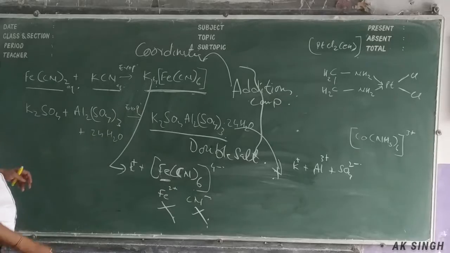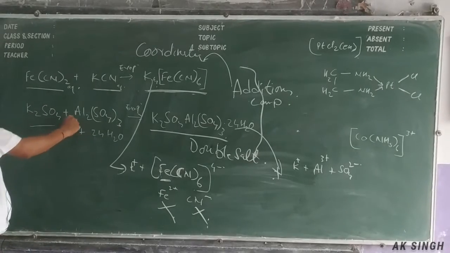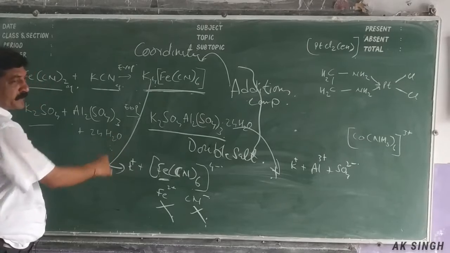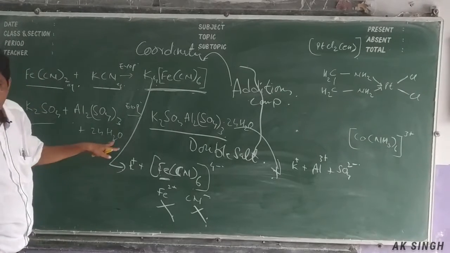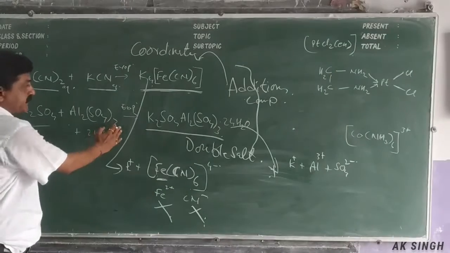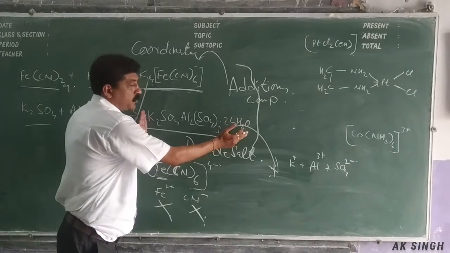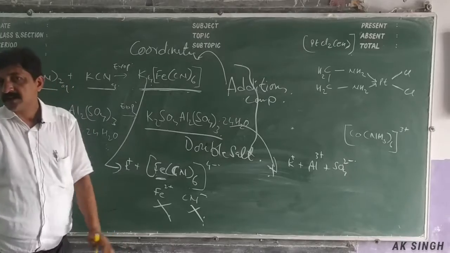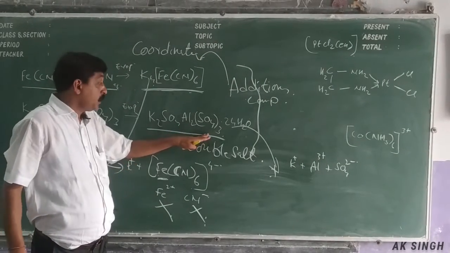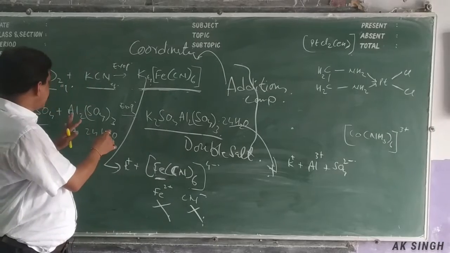Another example, let us take potassium sulfate and aluminium sulfate, heated in the presence of water. 24 molecules of water are heated up to evaporation, and in this case we get this compound, potash alum. And just see the difference.